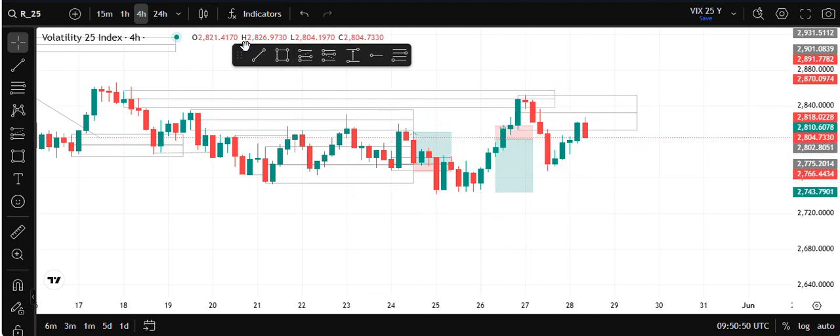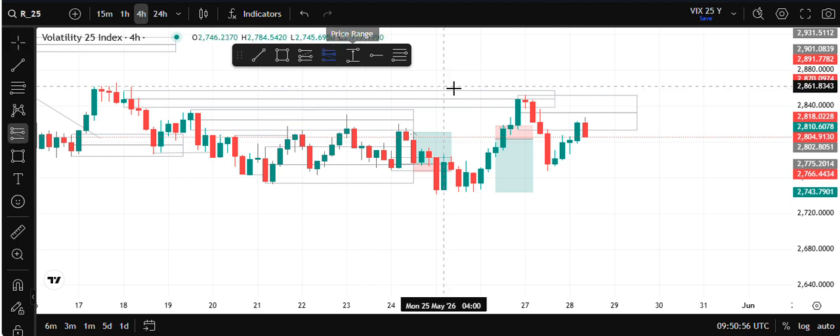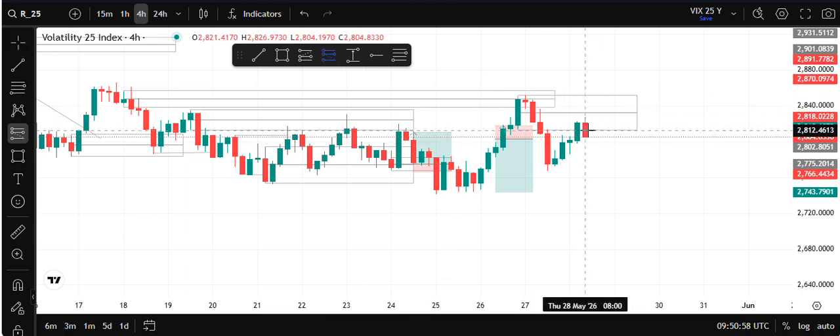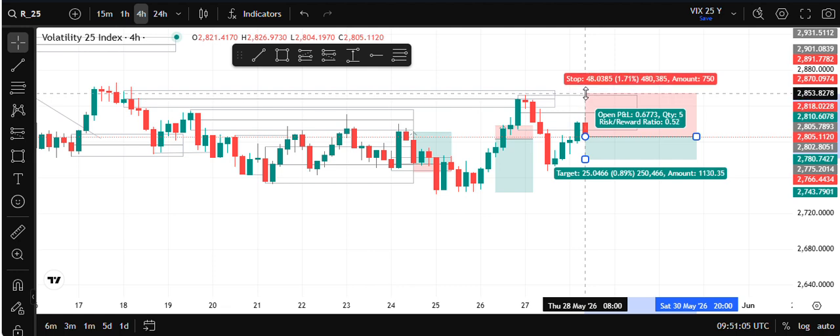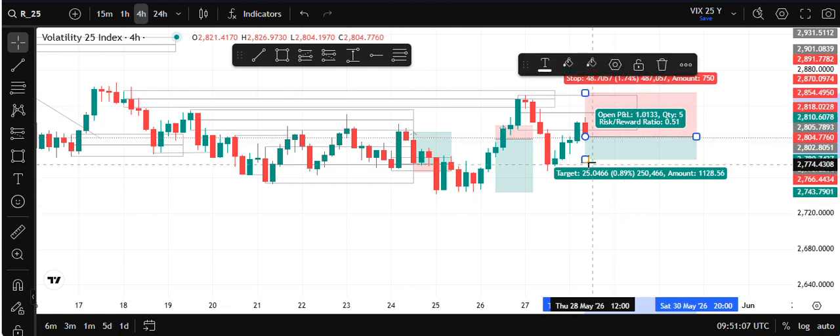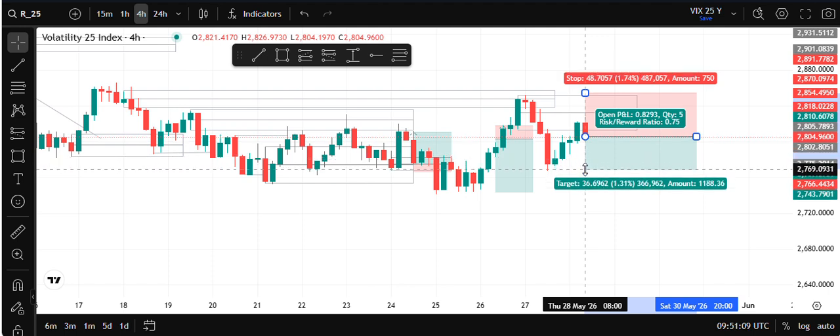So let's put that we are going for how the current market is. Put the entry here, then our SL should be here.